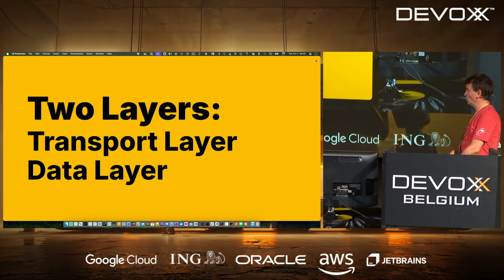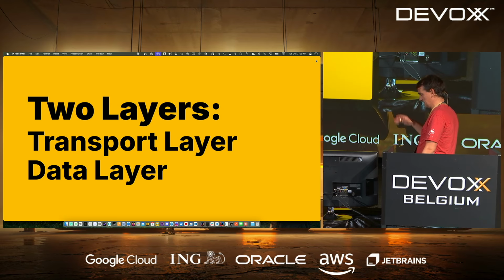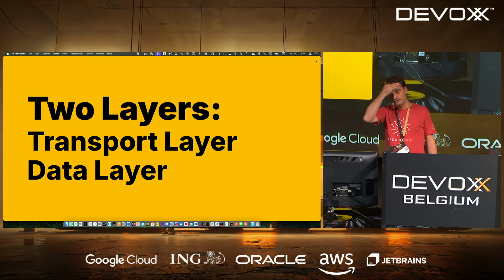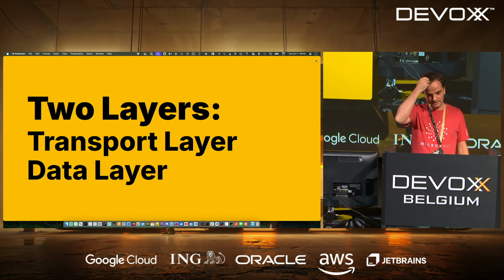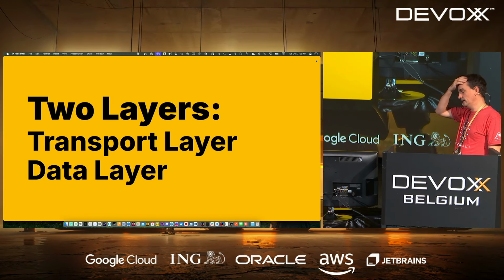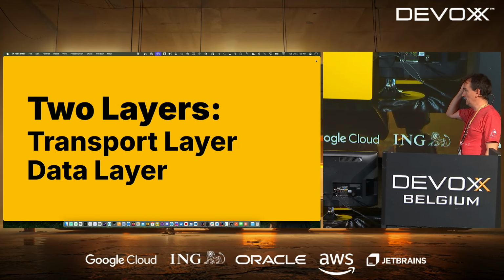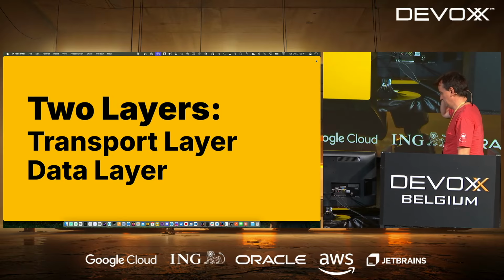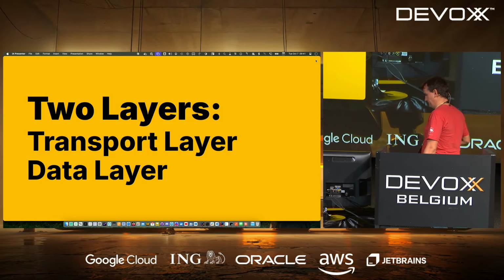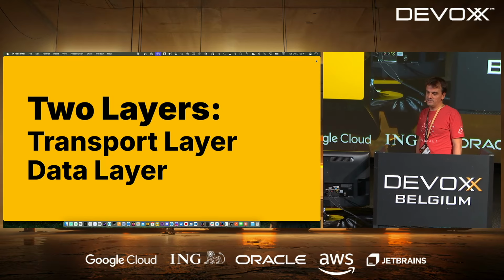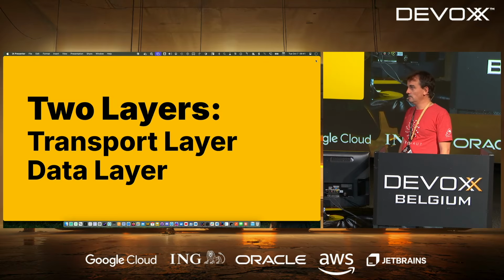There are two layers for the Model Context Protocol: the transport layer and the data layer. You can think that the transport layer is above the data layer. The data layer defines the communication. In the specification, they define the use of JSON RPC messages to communicate.